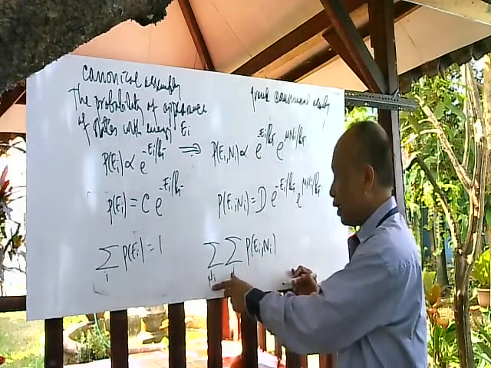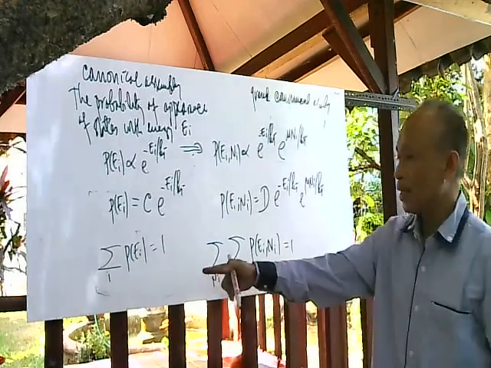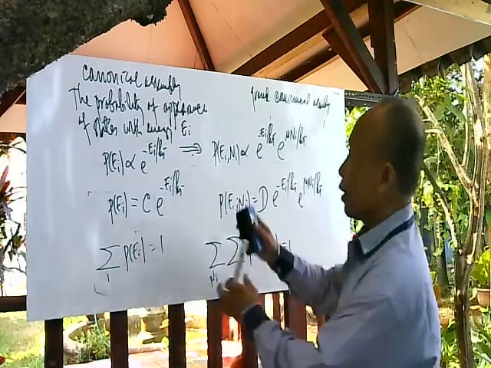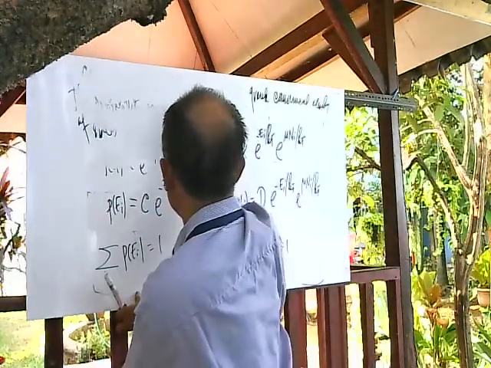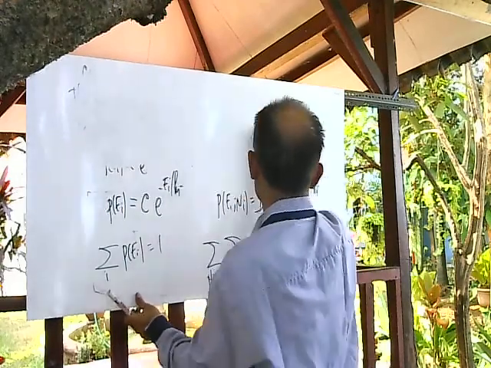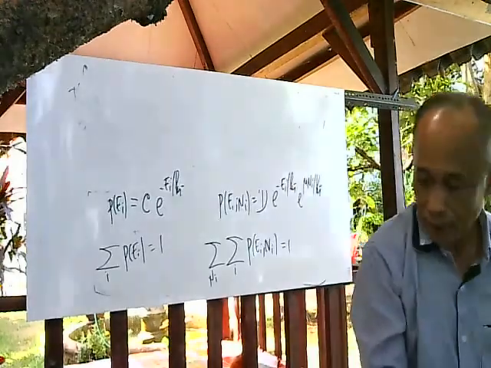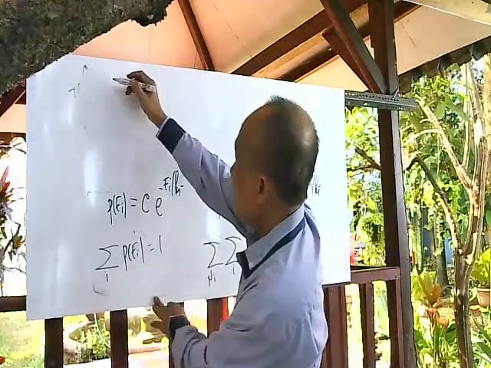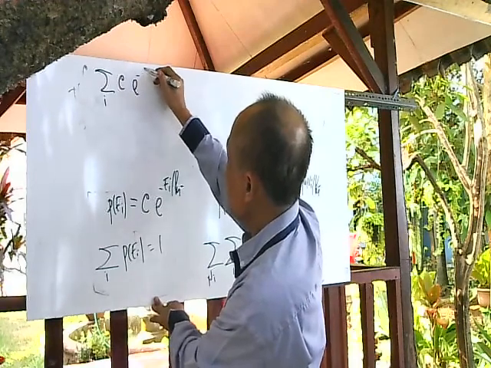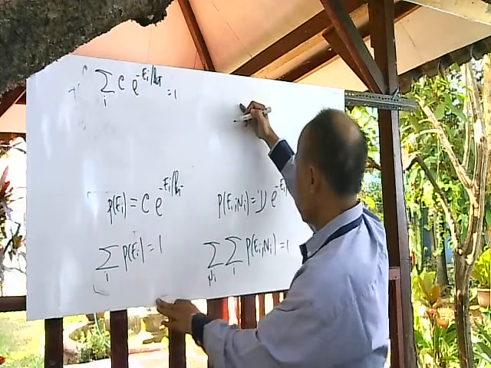For each n, there are a number of i. This is also 1. Very similar. And then, if we continue to calculate the simulation, we then have this one: the sum of e^(-Ei/kT) equal to 1.